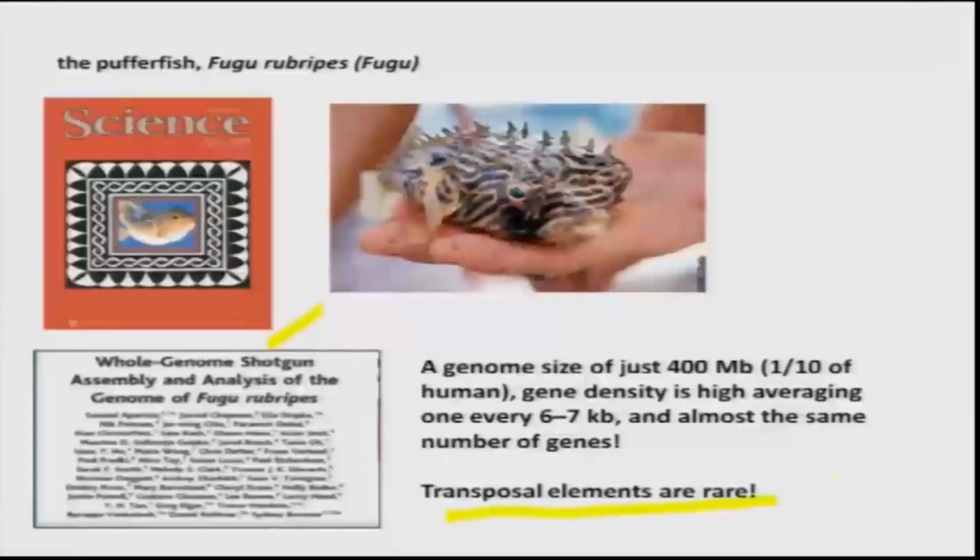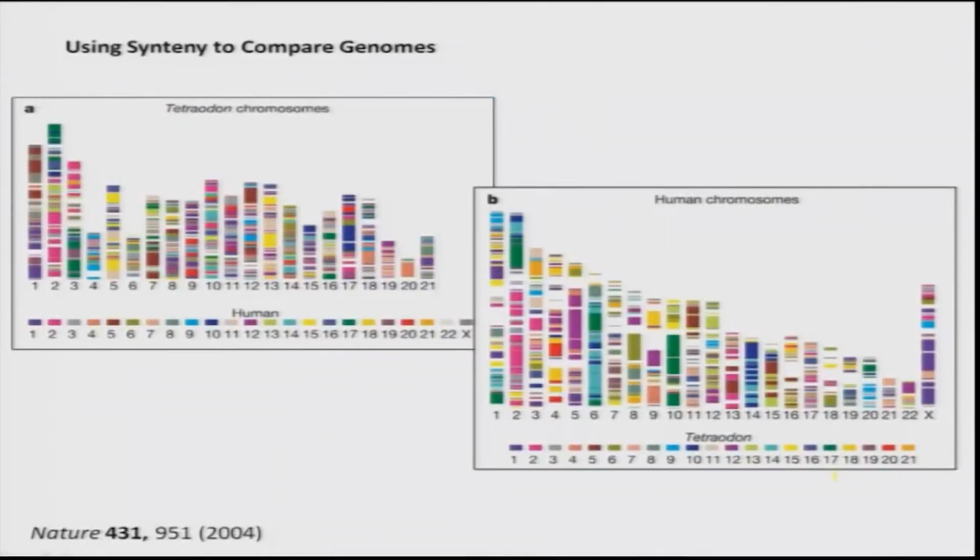As I told you, this fish has very few transposable elements in the genome, and probably that could be one of the reasons why it is able to keep the gene density very high. There are many studies one can look into. I have given you another example of how this pufferfish helped in understanding SOX9 control elements.